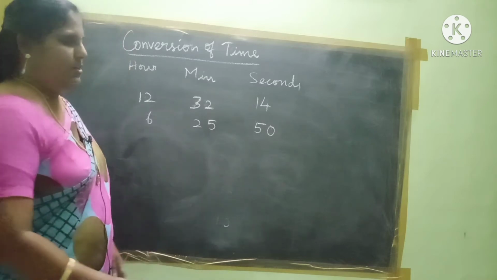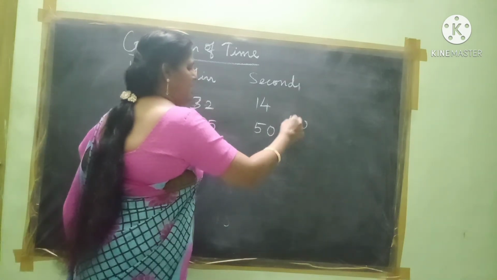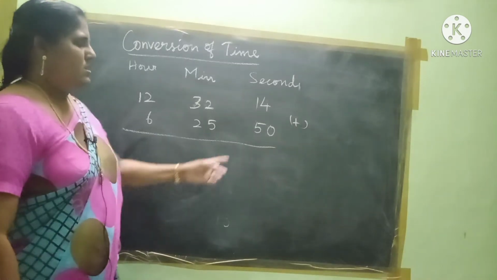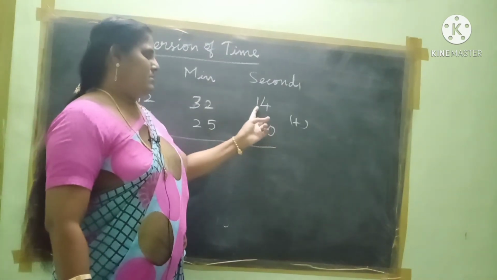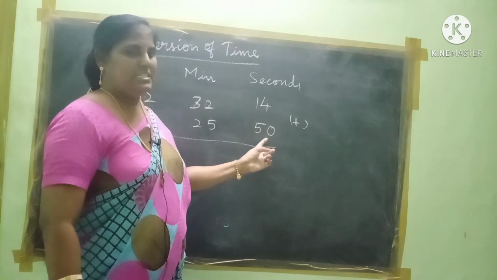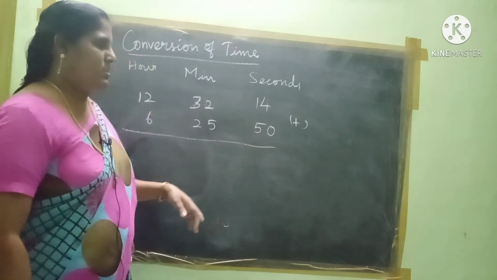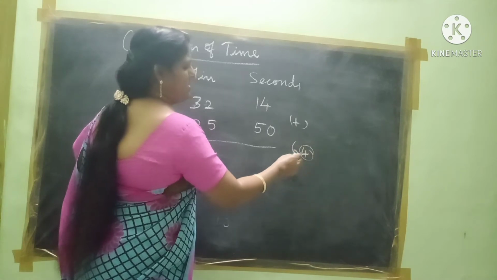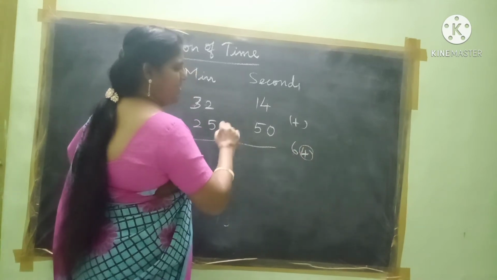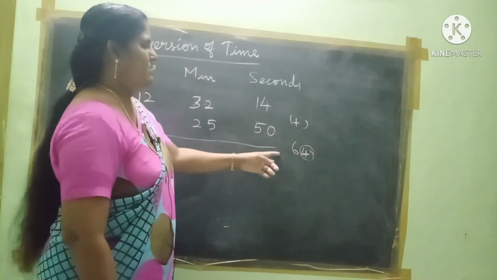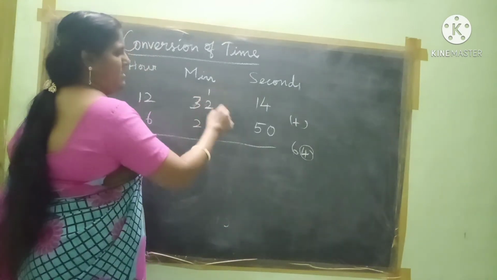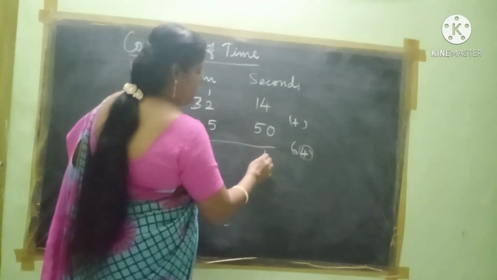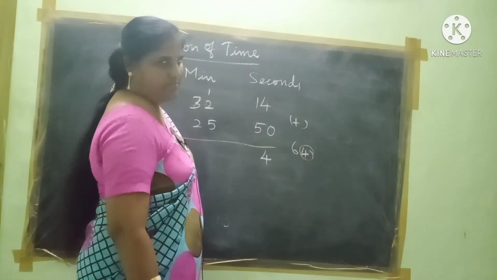Now we are going to do the same addition as usual. Addition, as I already told you. See, 14 plus 50, 64. What is the total of the seconds? 64. In 64, 60 seconds make 1 minute. So when you bring 60 to this side, it makes 1 minute. How many seconds are remaining? 4 seconds are remaining. So 4 is the answer.